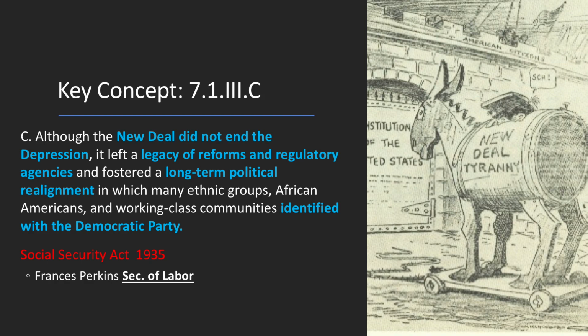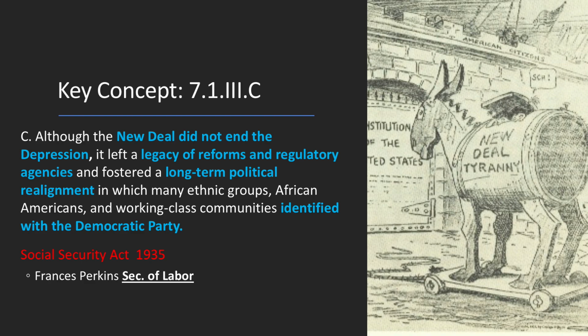It did realign political ideology for African Americans. By this time, African Americans began to fully shift to the Democratic Party. They began slowly with Woodrow Wilson, but by the 1930s, pretty much the great majority of African Americans, though many of them are still Republicans to this day, began to realign themselves with the Democratic Party.